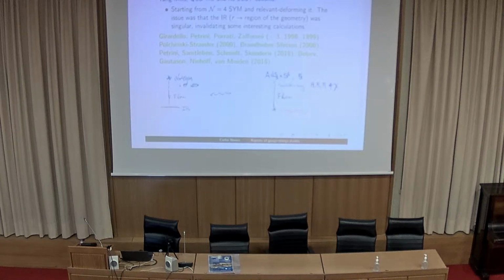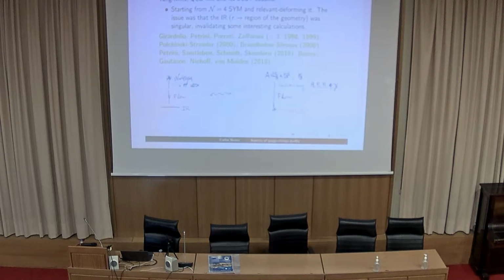In the first line, this is conceptually the cleanest, you start with N=4 super-Yang-Mills, so a very special conformal theory, and you deform it either by a relevant operator or a vev of a relevant operator. This triggers a flow into some interesting infrared physics, characteristically strongly coupled and typically very interesting.